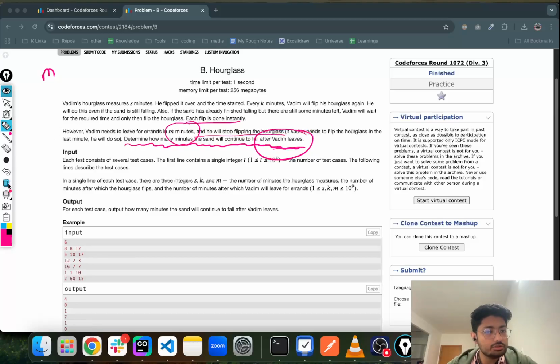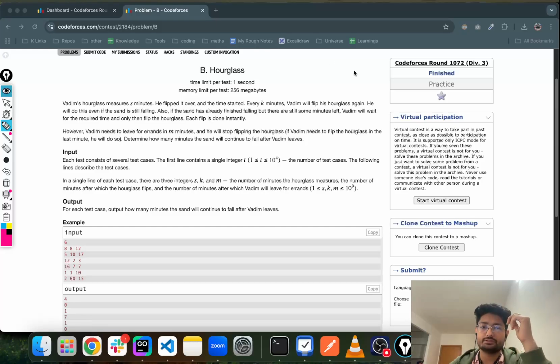Cool. So the problem now becomes that there are two cases: one when k is less than s and one when k is greater than s. Now you just have to visualize this problem and it will become very easy for you.